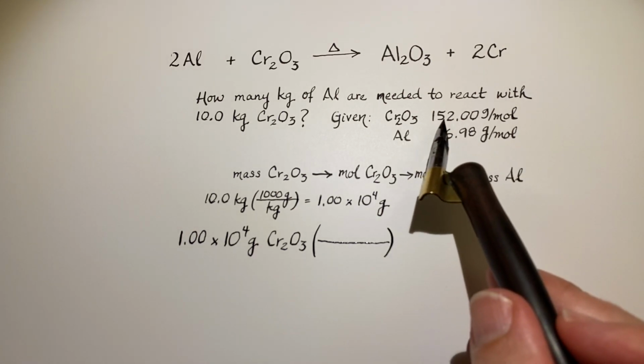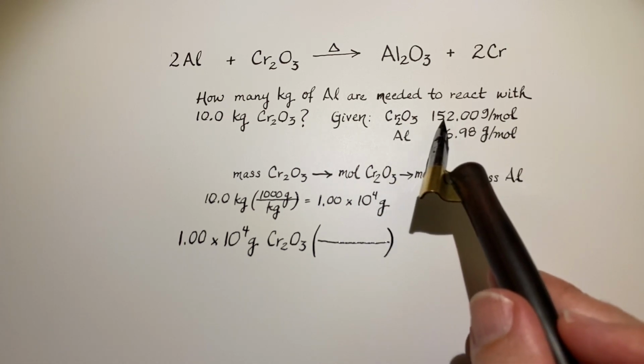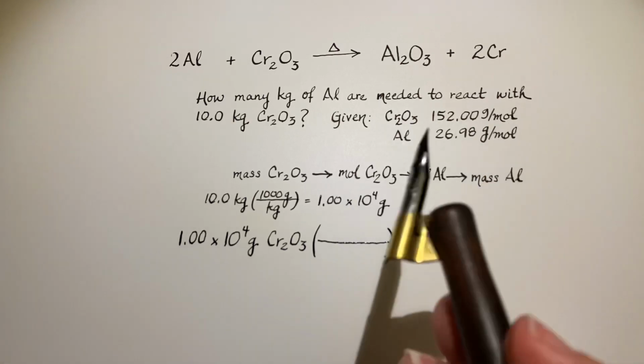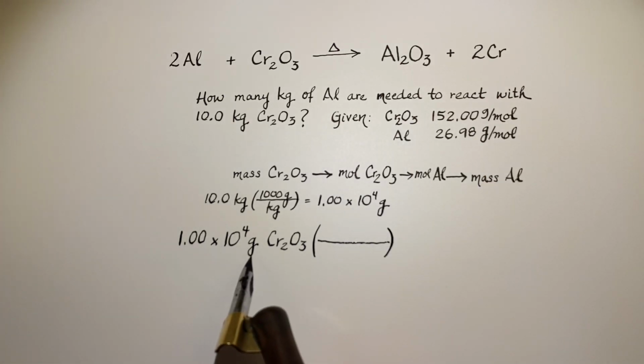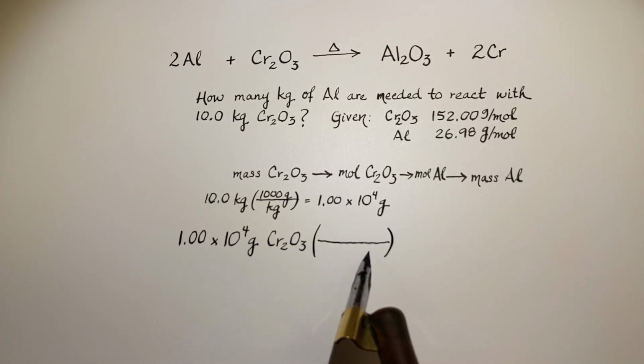Here's our formula mass for chromium 3 oxide, 152.00 grams per mole. We are converting out of grams into moles. So if we want grams to cancel out, they've got to be down here.